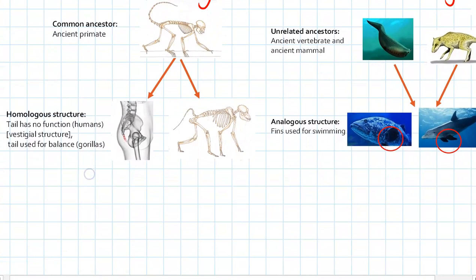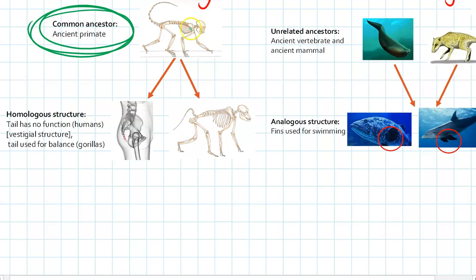Here's another homologous example. Ancient primates. So the common ancestor of humans and of gorillas. This is what their skeleton looked like. And in particular their tail. The tail helped primates to balance when they're climbing through trees. It also helped them to grip onto trees.